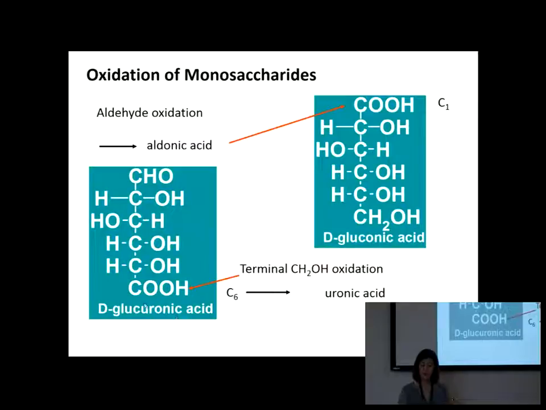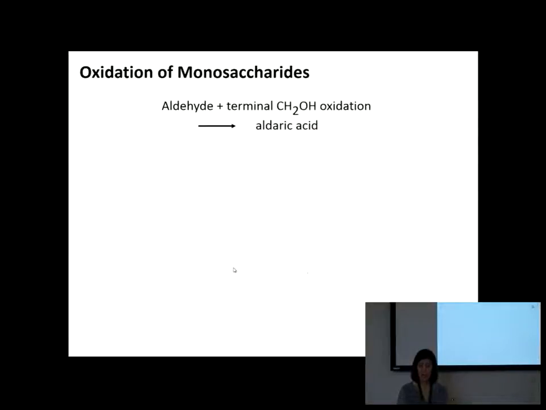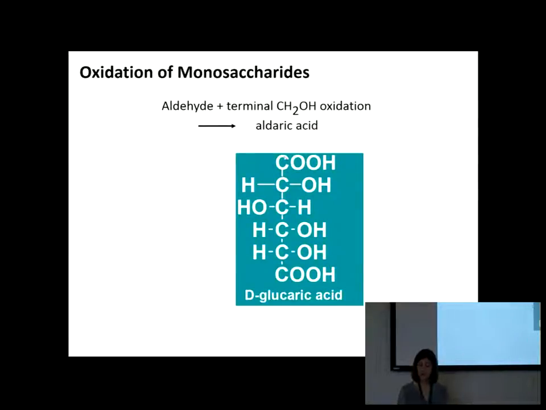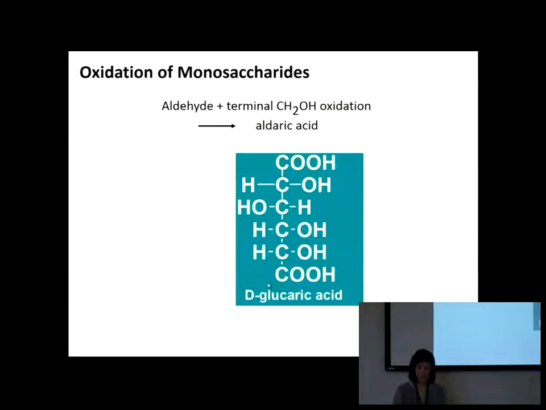When we've oxidized the terminal carbon, carbon number 6, it's called a uronic acid. And when both the top and the bottom, the aldehyde and the terminal alcohol, have been oxidized, then that's aldaric. So there are some definition words that you need to know.